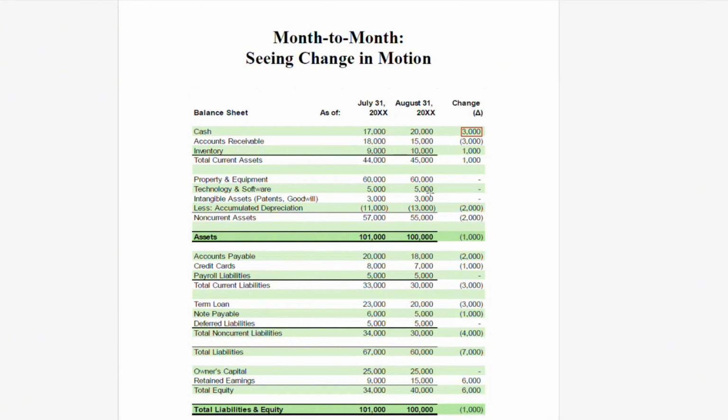We depreciated some assets, so that's another thing that took place during the month. We also paid down on our accounts payable and our credit card, so our current liabilities went down by $3,000. I see that as being a very good thing.